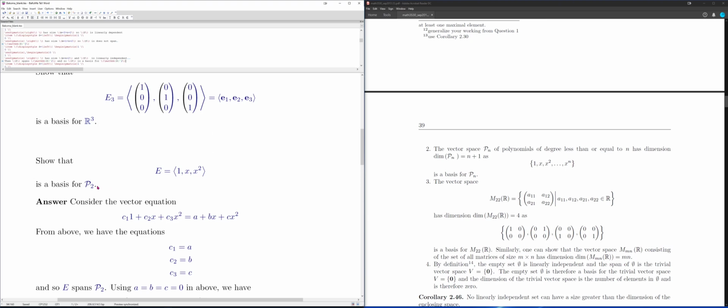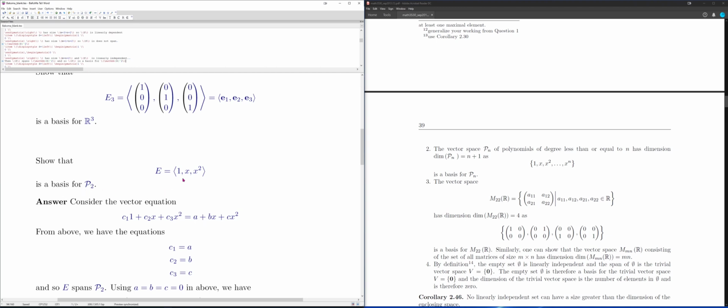Now if we have polynomials of degree at most 2, remember they look like this right-hand side here. The degree is at most 2, so you could at most have a term in x squared. So what would be the dimension of your vector space of polynomials of degree at most 2?